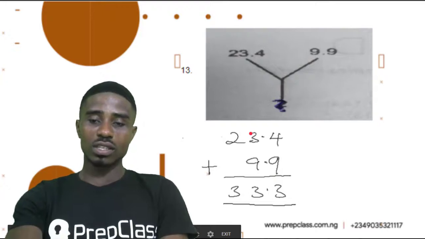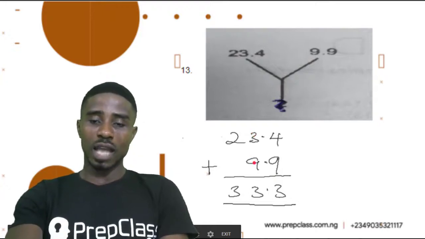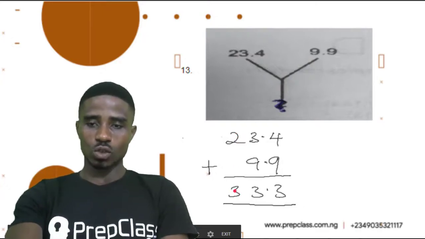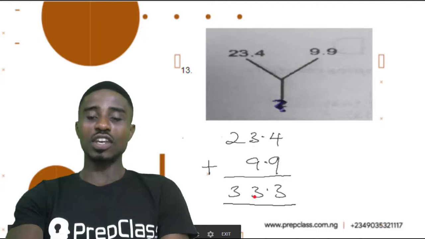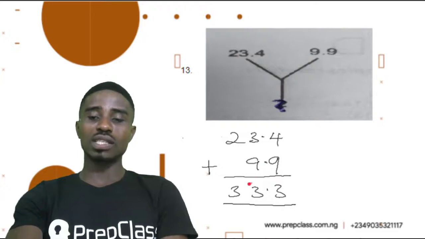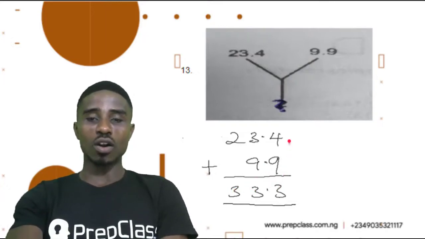Add to this, and that will be 4. 9 plus 4 will give us 13, 3 carry 1. Add to this, and that will be 3. We write it down. So our answer will be 33.3. The addition of 23.4 plus 9.9 will give us 33.3.